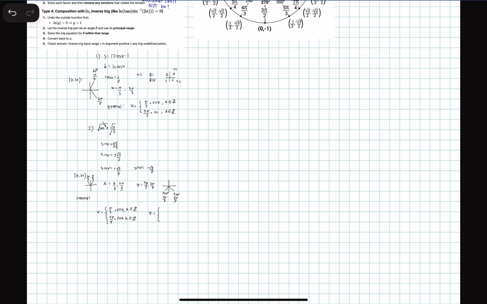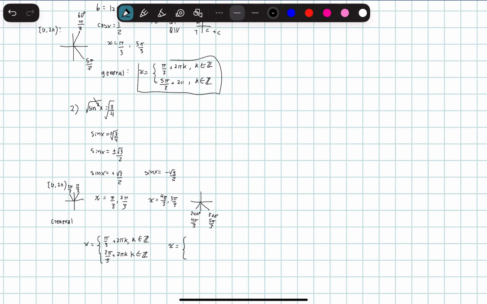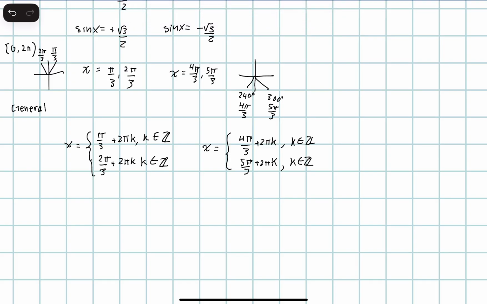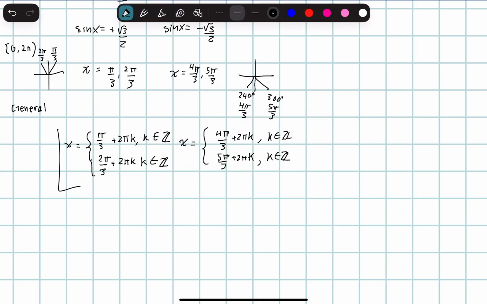I'm not going to redraw all of these again, that's so much work. So x is equal to 4 pi over 3 and 5 pi over 3 plus 2 pi k, and again k is in Z. So you're just going to have all these right here.